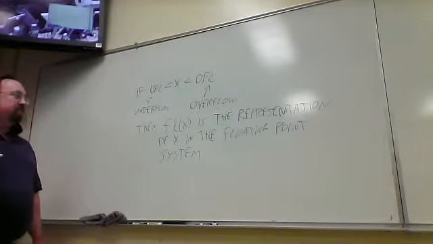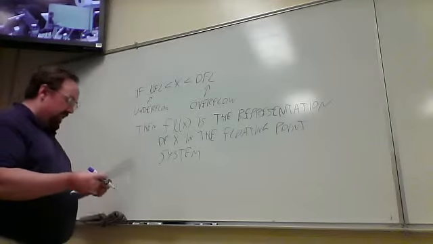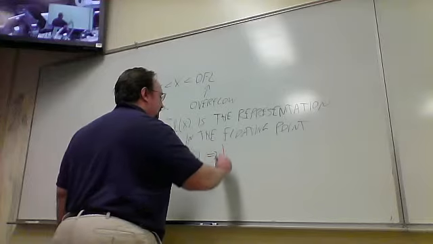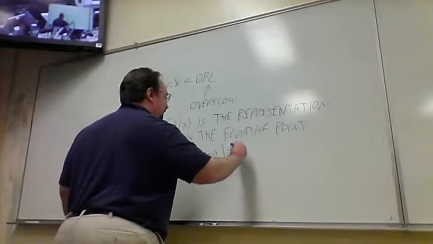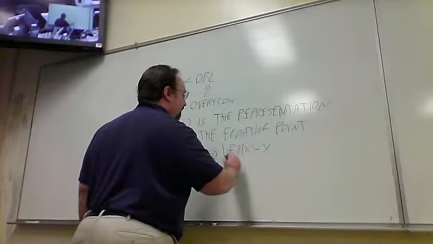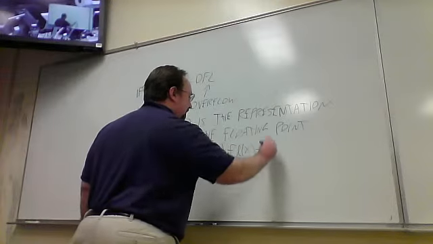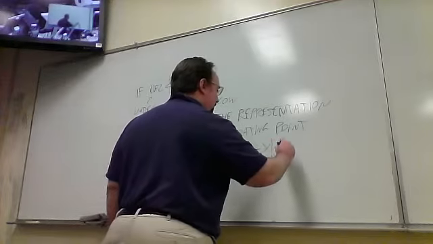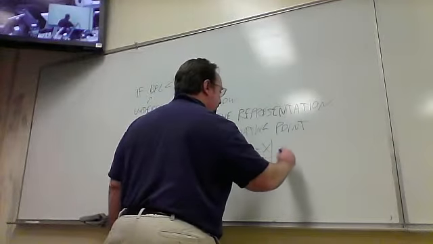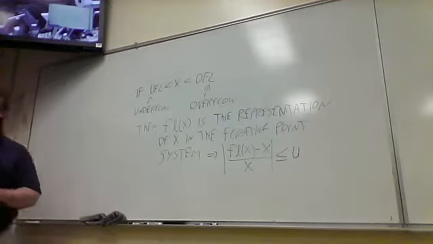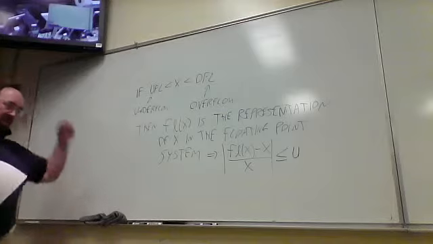And how this relates to machine precision is that the difference between the floating point representation of x and x, relative to x, so this relative error, which I'll talk more about later, is going to be at most the machine precision, the unit round off.